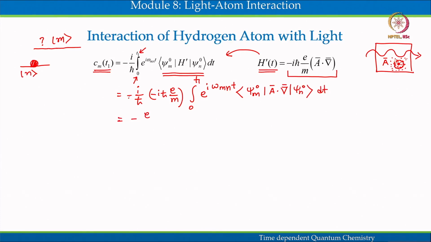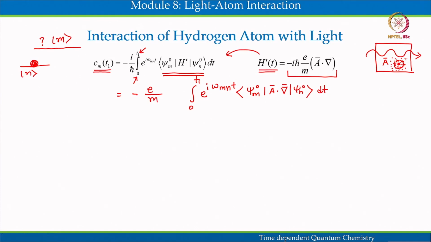So this minus and minus plus, and then i square will give me minus. So finally what I'll get here is this term will be reduced to minus e by m. That's the integration we get.